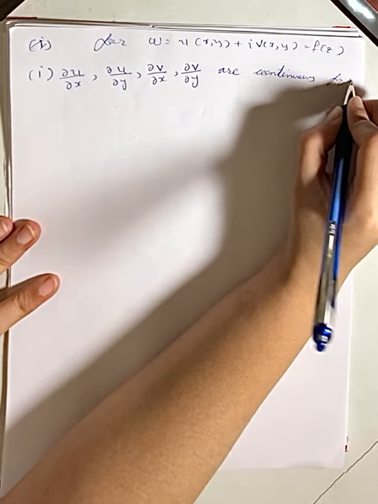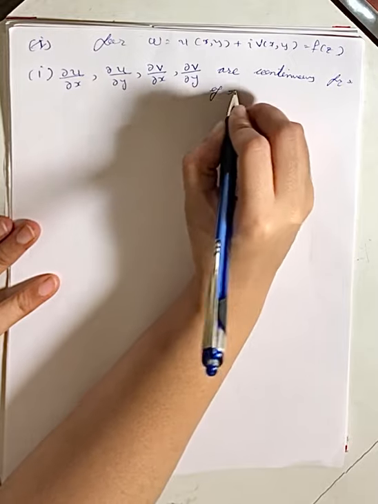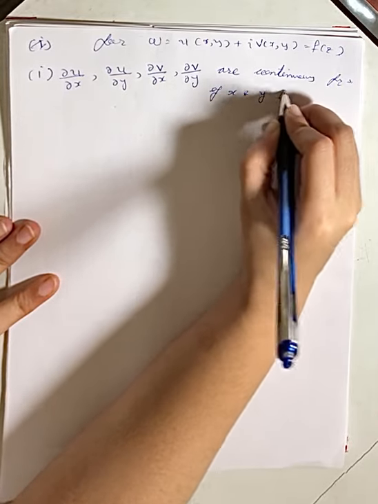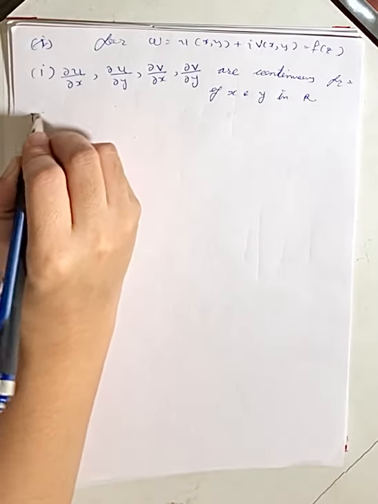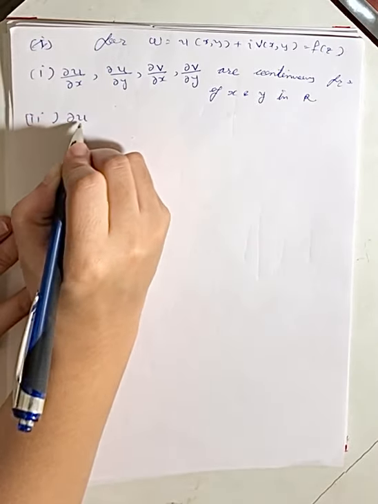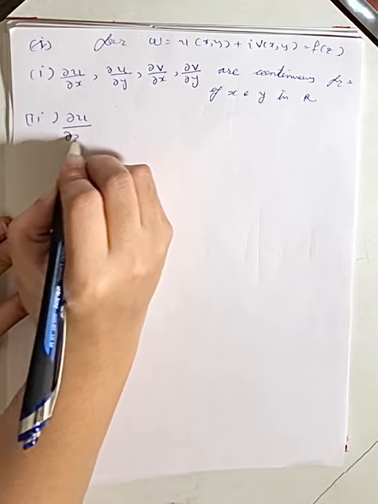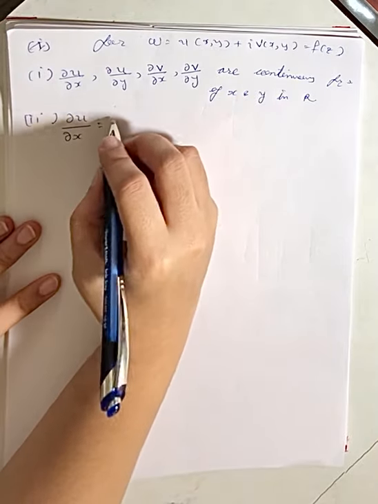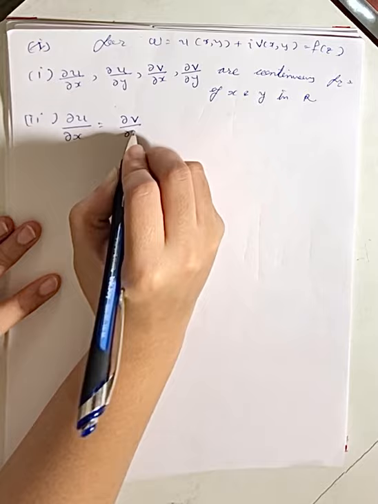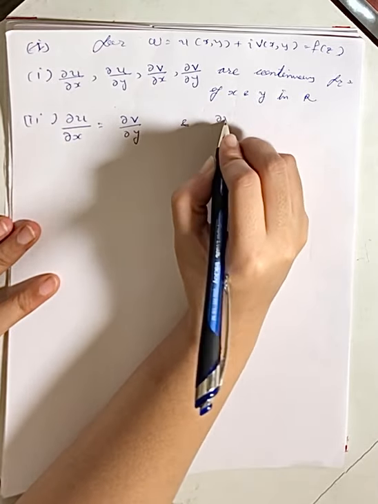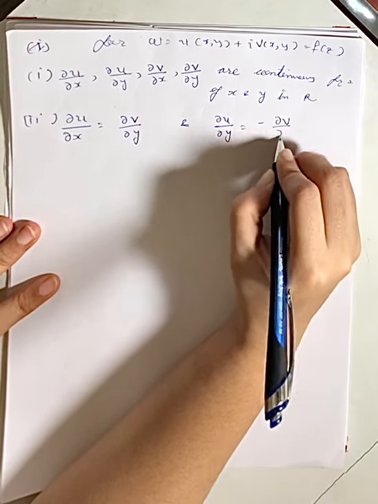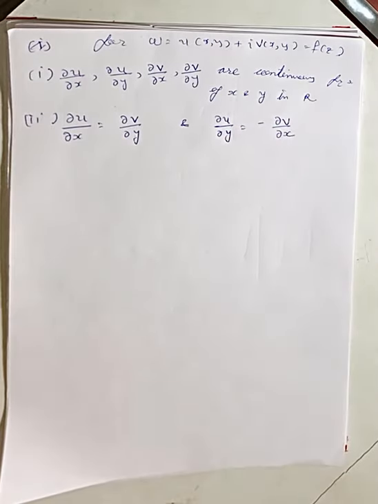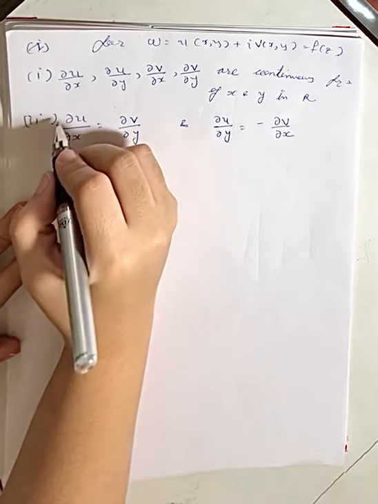functions of x and y in the region R in which this function is defined. And the second condition, which is going to be a very important condition, is that del u by del x is equal to del v by del y, and del u by del y is equal to minus del v by del x.